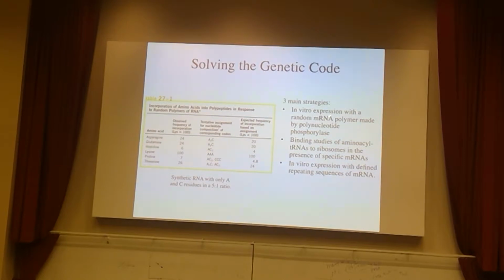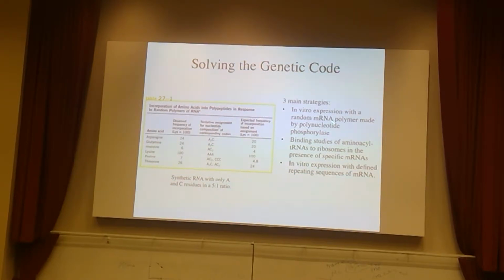Then we can dribble in a particular mRNA molecule and just see what the ribosome churns out. So it's taking the machinery out of the cell and creating an artificial system in which the ribosome can do its work. There are tons of cool experiments that you can do with these cell-free or in vitro expression systems.